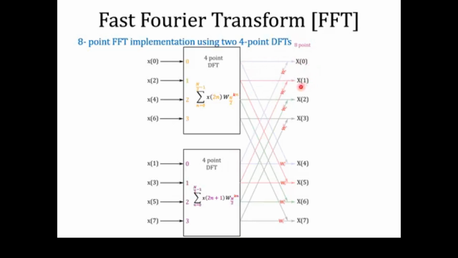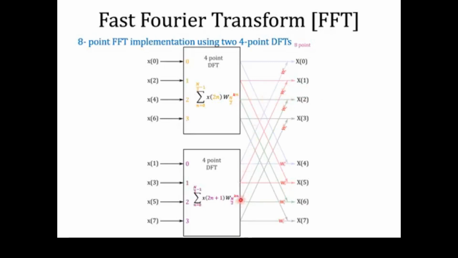Similarly, for x of 1, we will add a of 1 and b of 1, where b of 1 will be multiplied with W8^1 before addition with a of 1. So W8^1 will be marked right here. Similarly, for x of 2, this sample is coming from the first 4-point DFT box, so no multiplication will be done here.